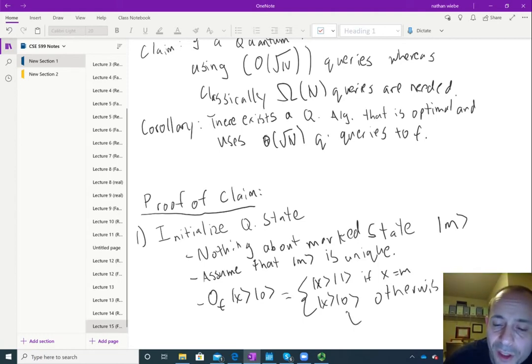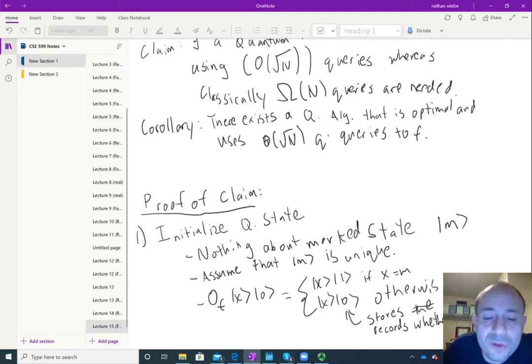So this bit over here stores a bit that records whether marked or not. Okay, so that's the basic idea behind this.